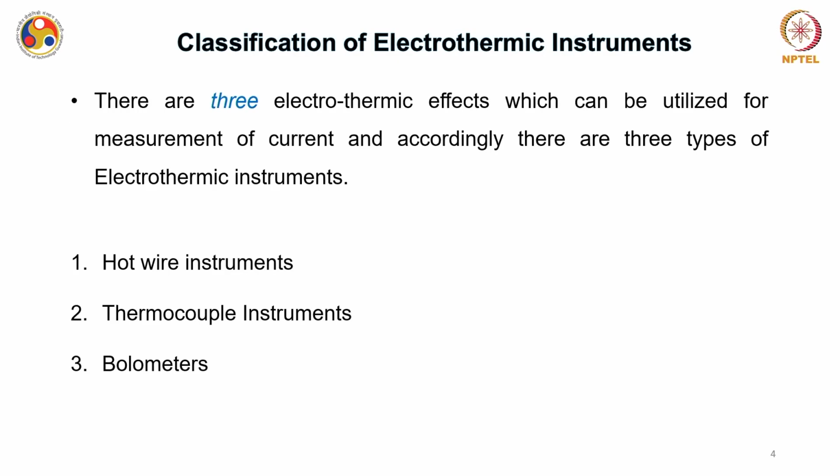With this, I think the construction and working of the hot wire instrument is clear to you. In the next class we will talk about the thermocouple kind of instrument.